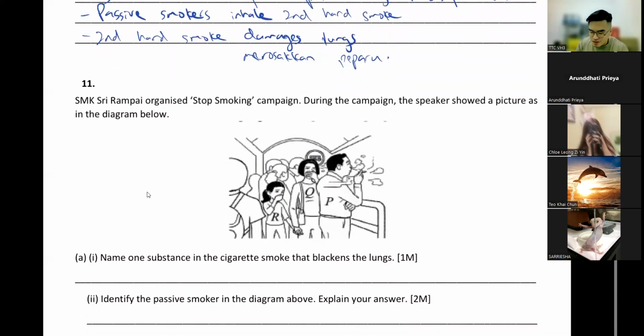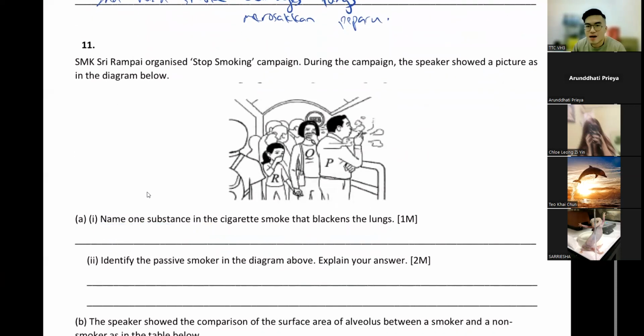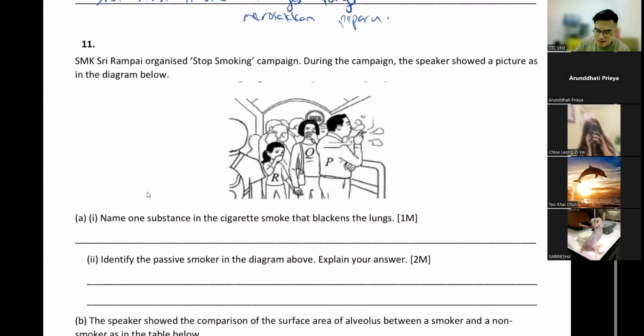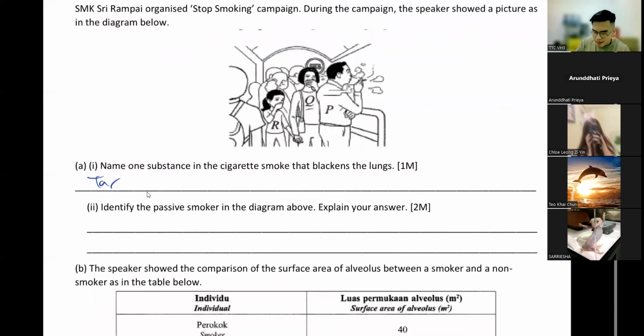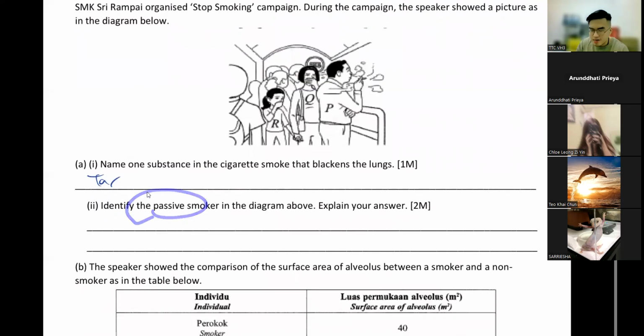So 11, this is a stop smoking campaign. Name one substance in cigarette that blackens the lung. What blackens your lung? Yes, tar. So who is the passive smoker here? That will be your R and Q, right? Okay, explain. Why are they the passive smokers?